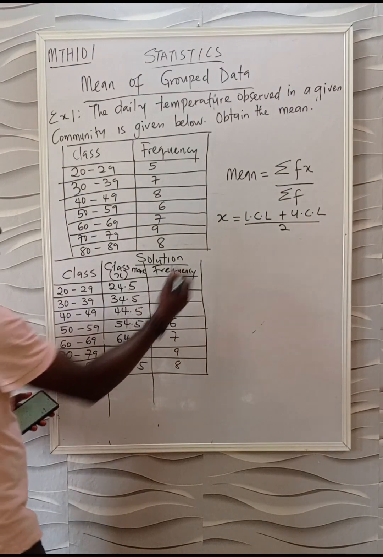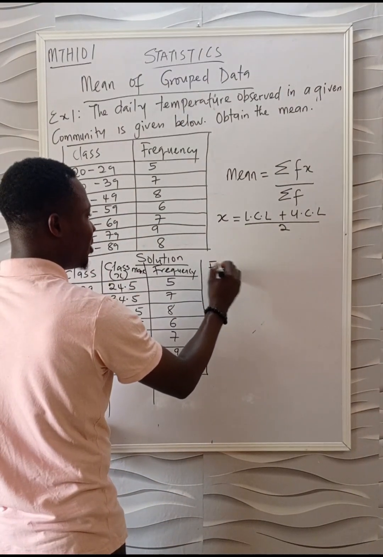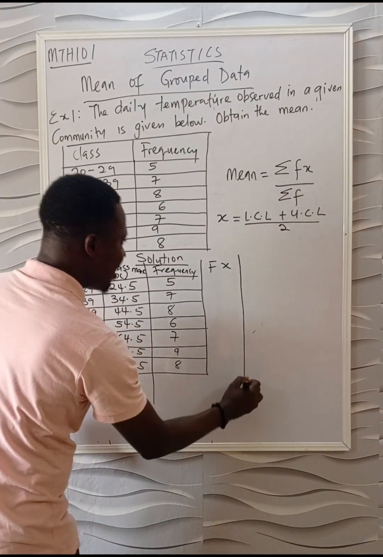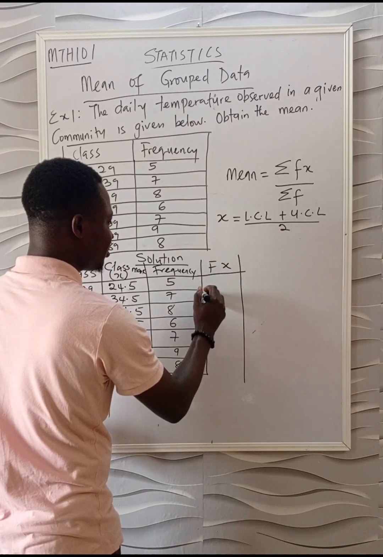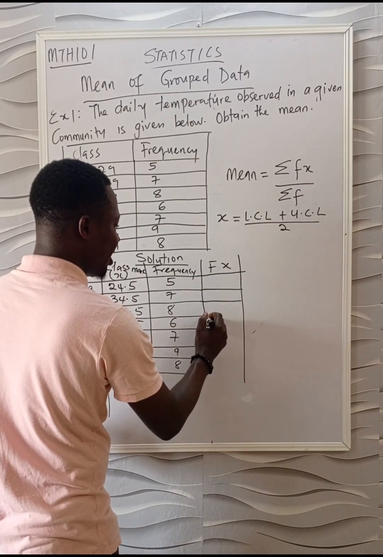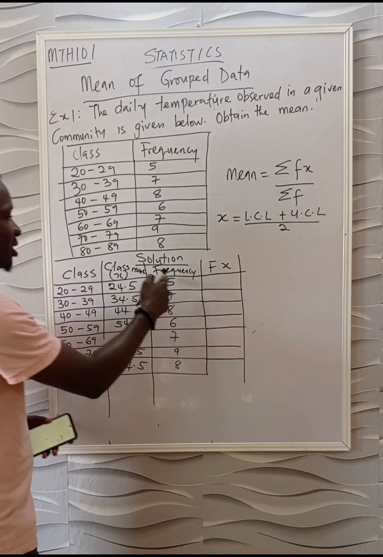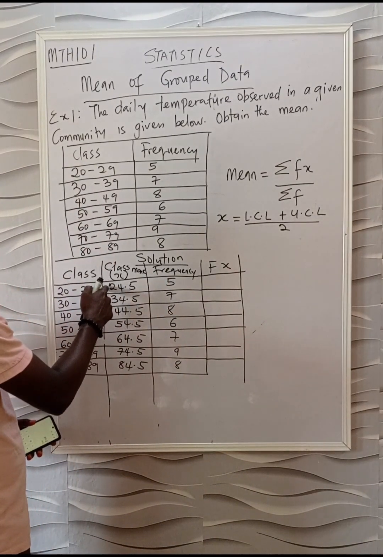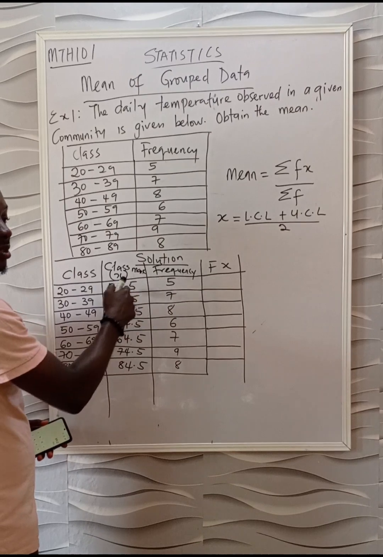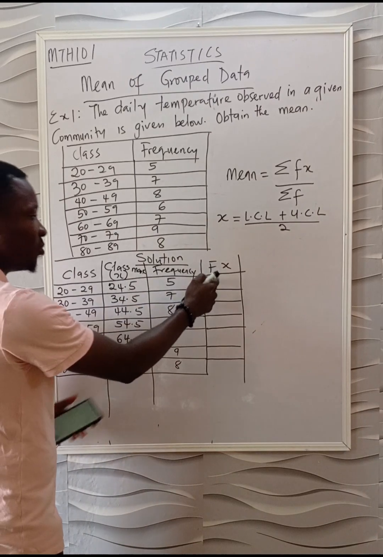So the next thing is fx. We create another column for fx. And what's the meaning of fx? It simply means f times x. So this is f and this is x. Whatever we get from the multiplication of the both of them, we write it here.